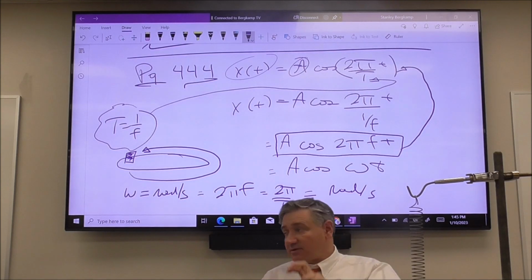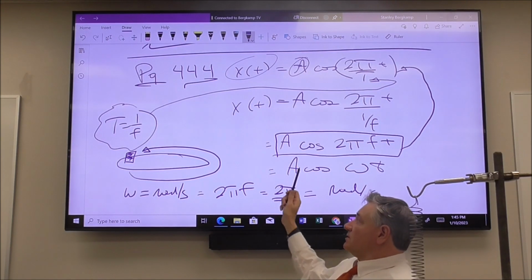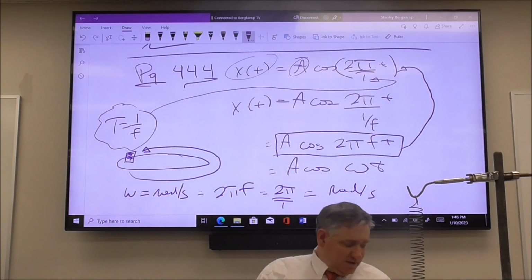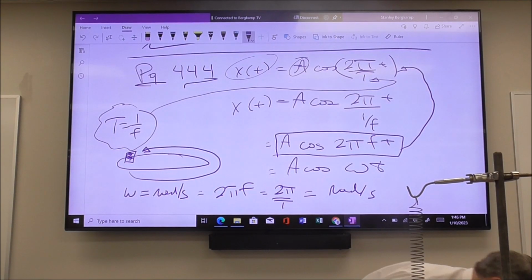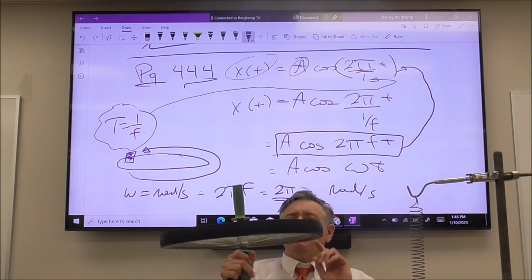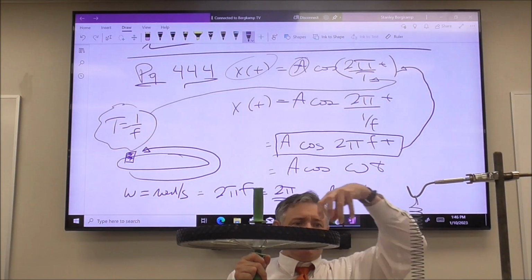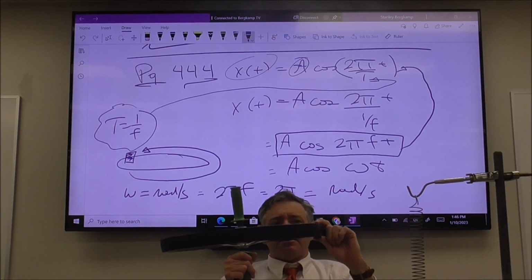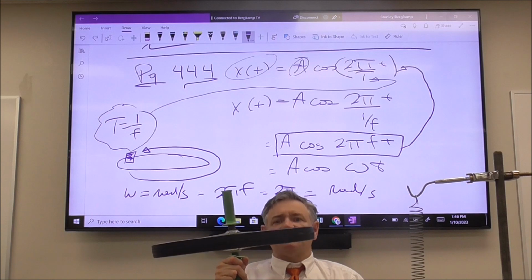Now, this is where it ties in with circular motion. So here's the other side of the coin. When something's moving in a circle, remember omega is going to be in radians per second. So if I take this wheel and give it a spin, imagine that I've got a beaker sitting here, and it's going to go around like this.